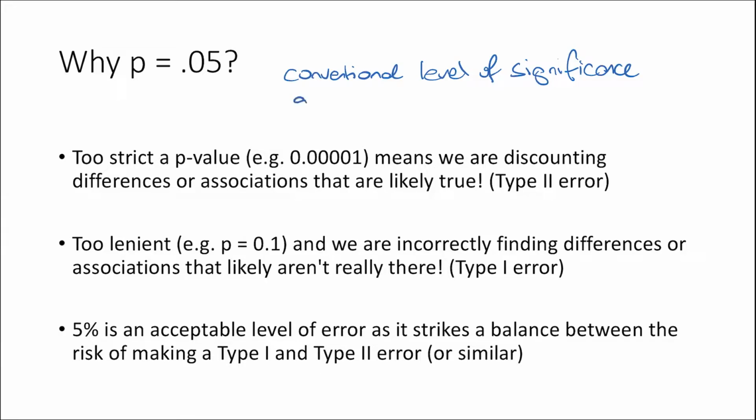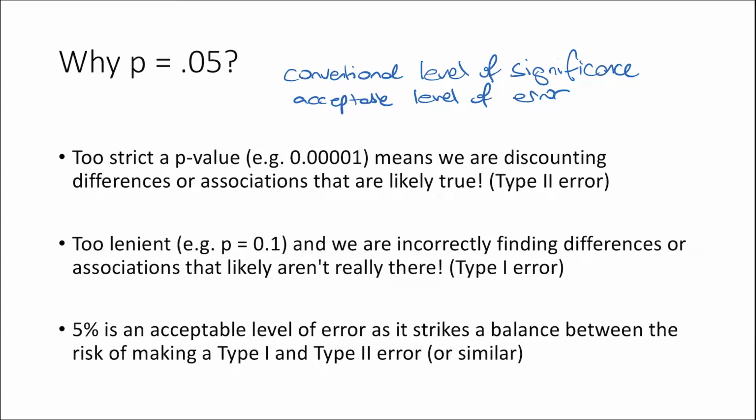This is deemed to be the acceptable level of error. Remember that we can never be 100% confident that our difference or association is real and not due to chance. But we're accepting only a 5% likelihood that our results are due to chance. In other words, we're 95% confident that the difference or association is real.